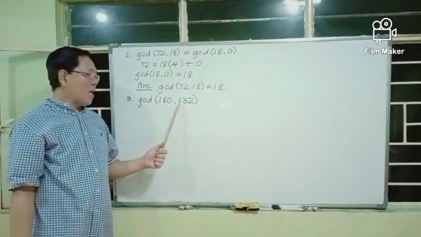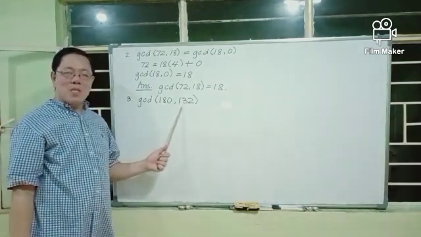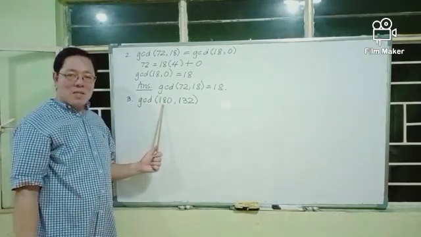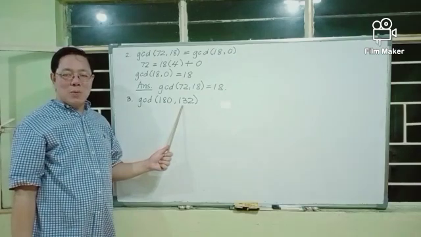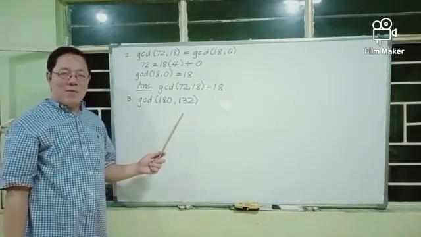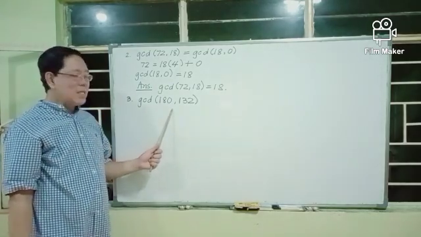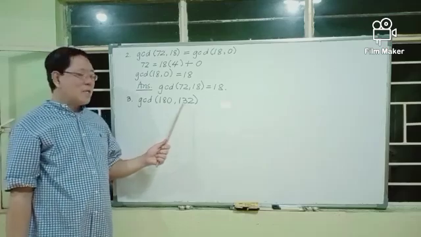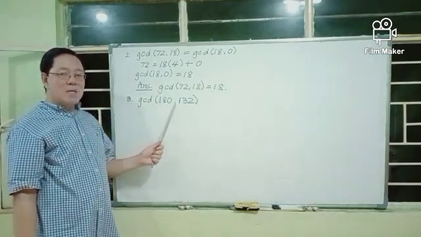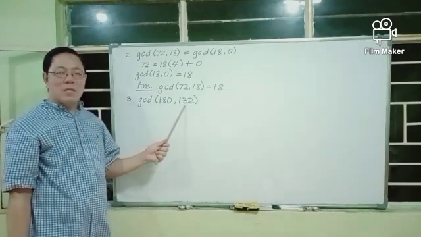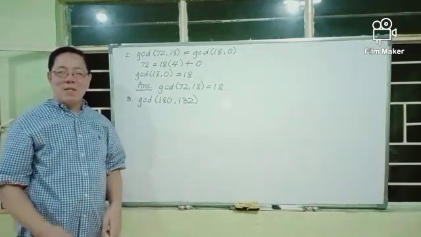In this example, A is 180 and B is 132. You can see that A, 180, is greater than B, 132. Therefore, we can apply the Euclidean algorithm to find the greatest common divisor of 180 and 132. And by the result we obtained earlier, the greatest common divisor of A and B is equal to the greatest common divisor of B, which is 132, and the remainder R.